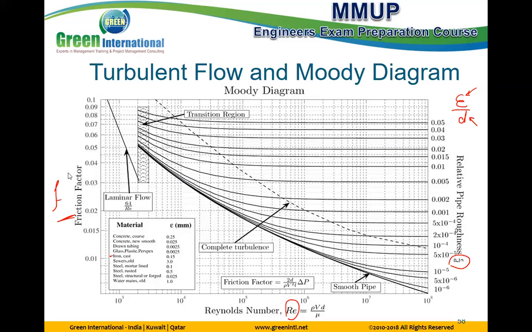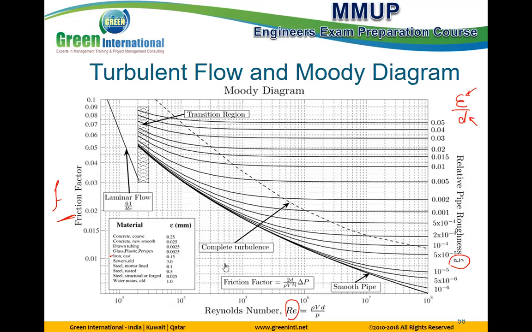The pure horizontal line is for the friction factor. The pure vertical line is for the Reynolds number. So to calculate the friction factor, you should at least know the value of the Reynolds number from this side and the value of the relative pipe roughness from this side, make an intersection and go to the left to get the friction factor. Clear?